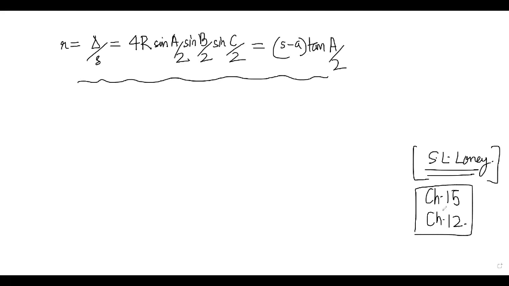Anybody who wants more help on these topics, just do chapter 12, chapter 15, SL Loney. If you have doubts, reach out to me. When you start doing the exercise, especially exercise 37, you will realize where you are at. Exercise 37 of SL Loney is probably the most difficult exercise for properties of triangle. So just try that. You will realize everything there.